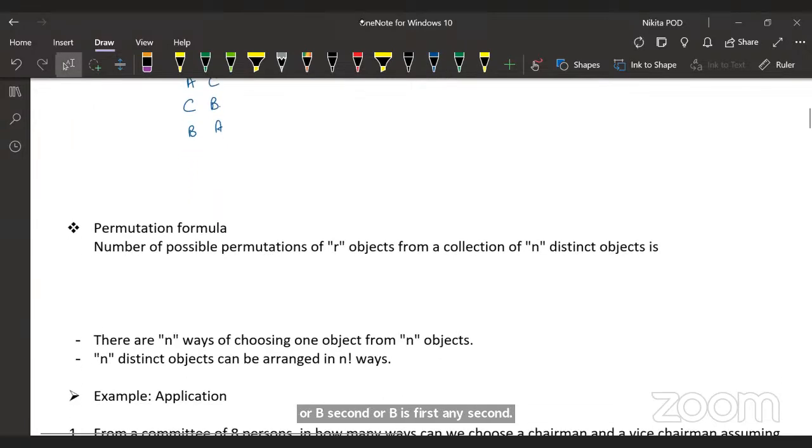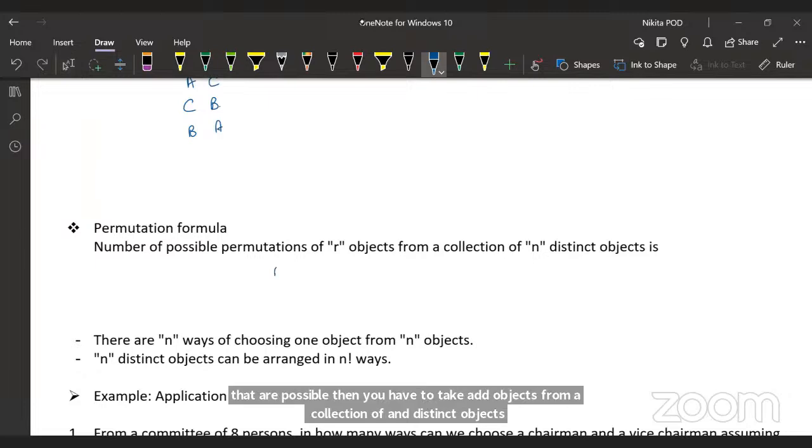So in general, when we have n distinct objects, what is the number of permutations possible when you have to arrange r objects from a collection of n distinct objects?